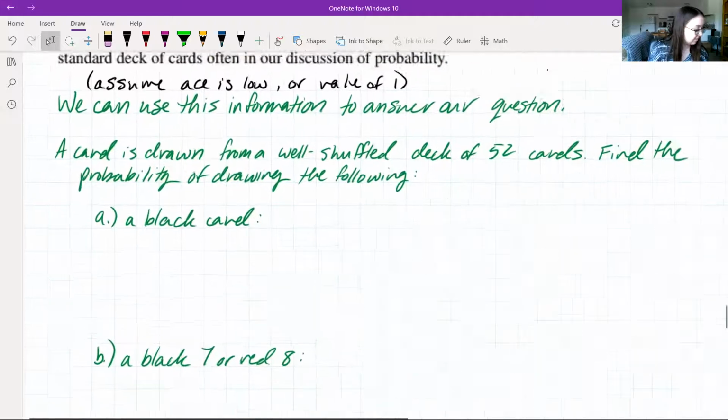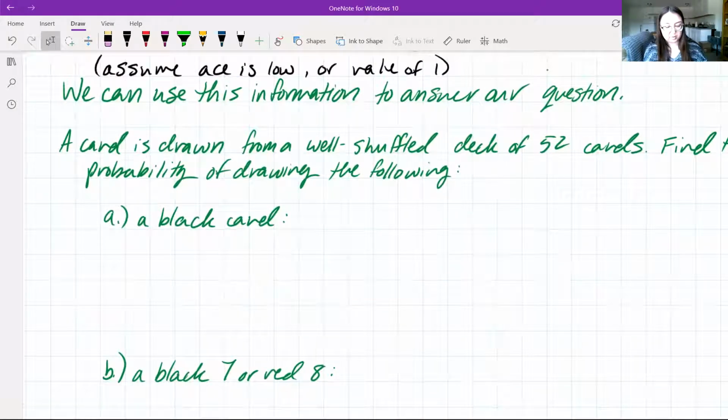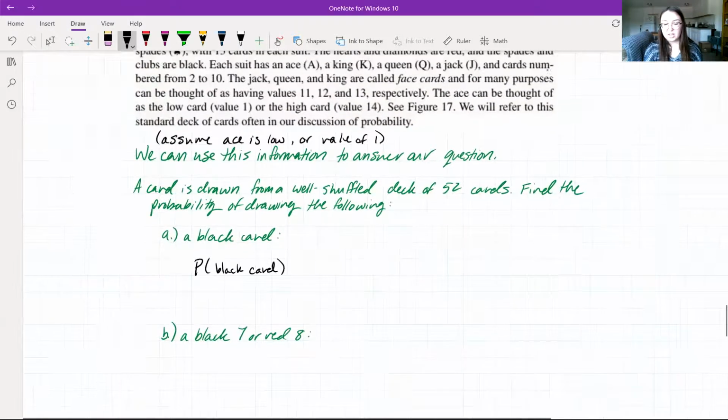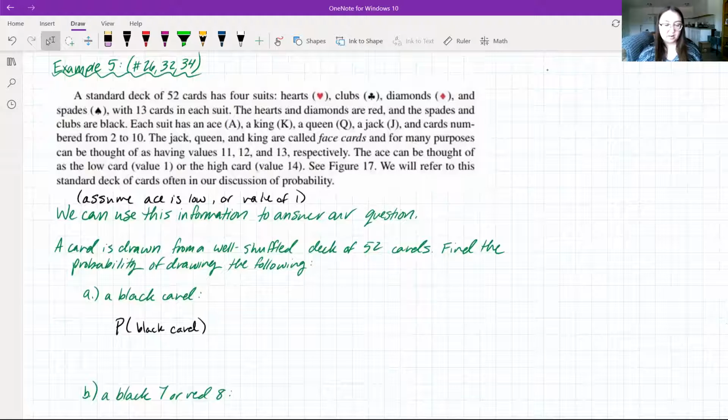If we want to find this probability, we can label this as P, and then we can write anything in our parentheses. In this case, I'm just going to write out black card. We know that there are 4 suits in a deck of cards, 2 of which are red, hearts and diamonds, and 2 of which are black, clubs and spades.